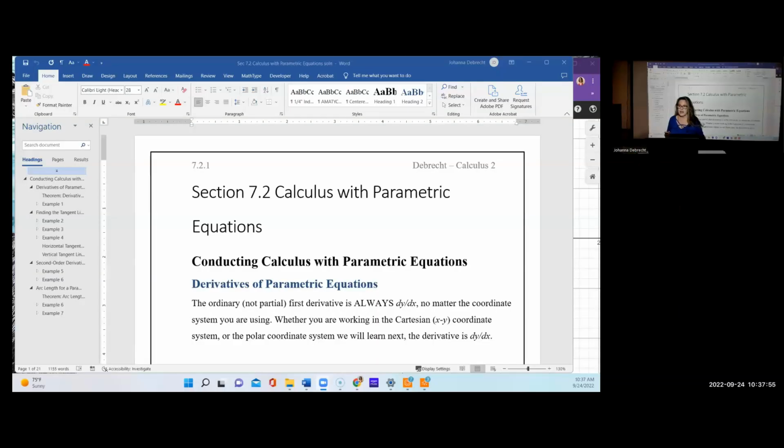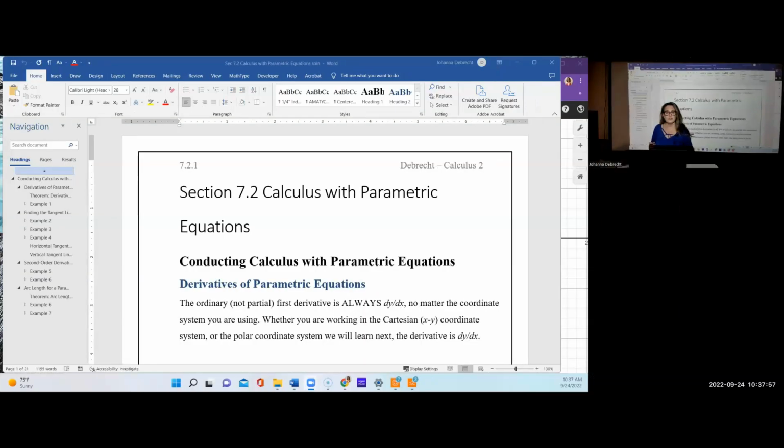All right, so now what we want to talk about is how to do calculus with parametric equations. Remember, we talked about parametric equations being a pair of equations, x of t and y of t. That's in 2 dimensions. If we had 3 dimensions, we'd have x of t, y of t, z of t, where t is the independent variable, and it's called a parameter.